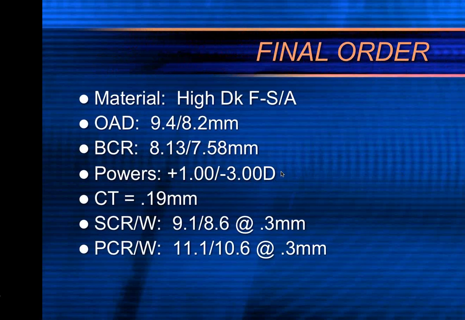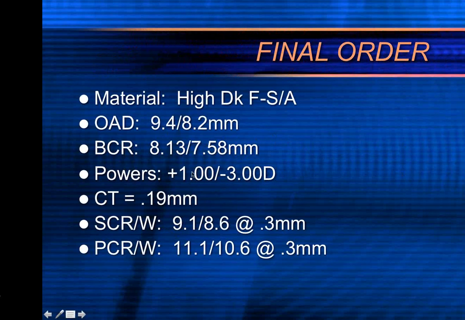So in this case, if your base curve radii are, let's round it off, 8.1 and 7.6, add a millimeter, you have 9.1 and 8.6. That gives you your secondary curve radii. Add 2 more millimeters, you have 11.1 and 10.6, and that gives you your toric peripheral curve radii.